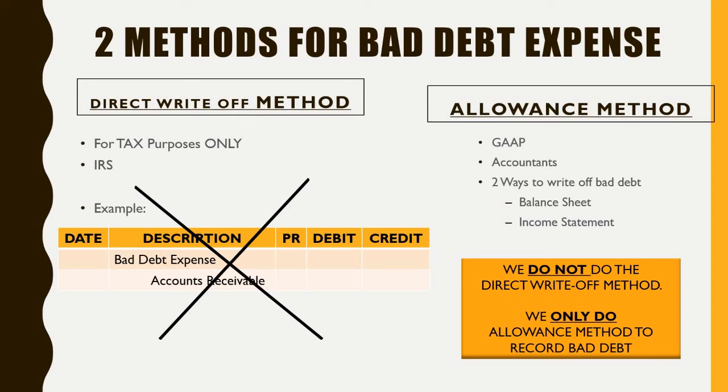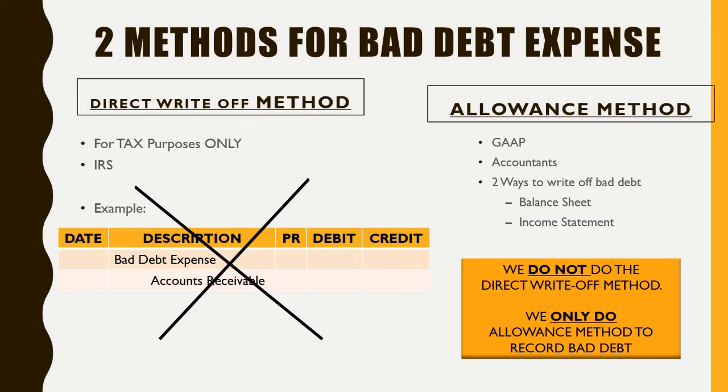There are two methods included to write off the bad debt: the balance sheet method and the income statement method. So there are two ways to write off bad debt, the direct write-off method and the allowance method, and the allowance method breaks down into two more ways.